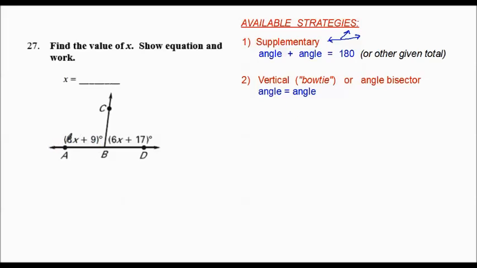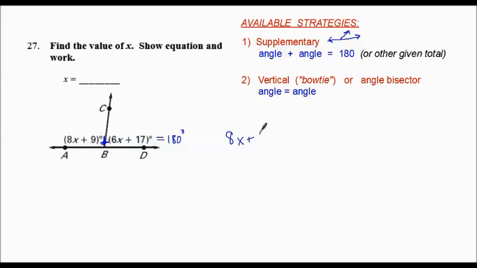Here I can see that these two angles sitting together create a straight line from one side to the other. So the bottom is a straight line. That means that these two angles together, added, produce 180. So our equation should be exactly that.